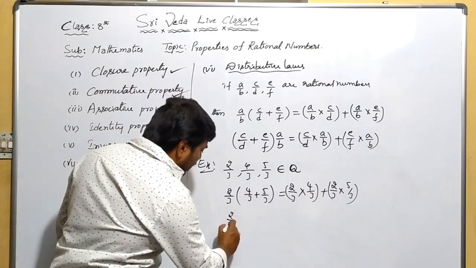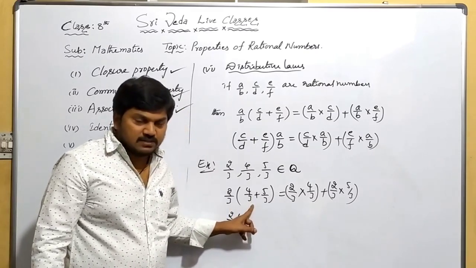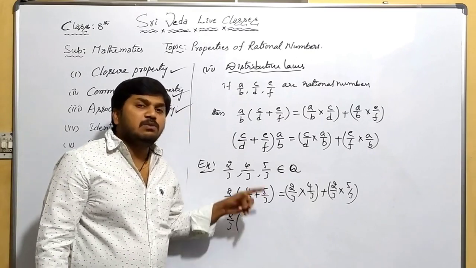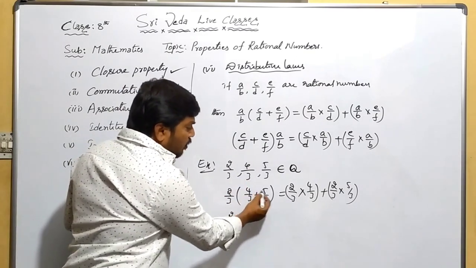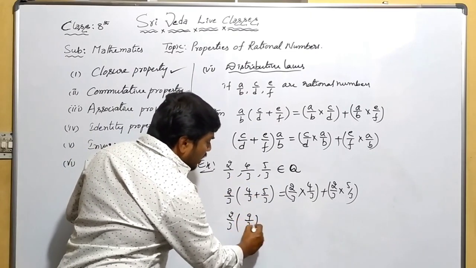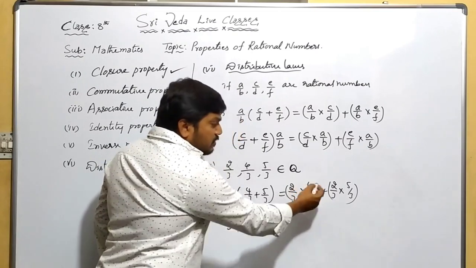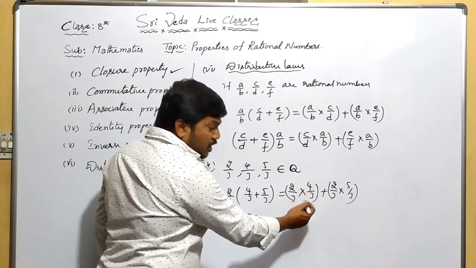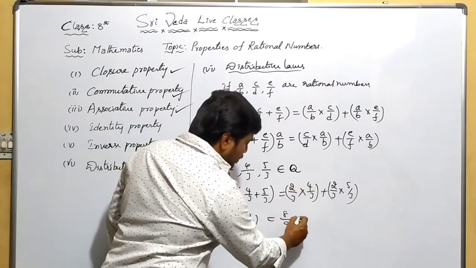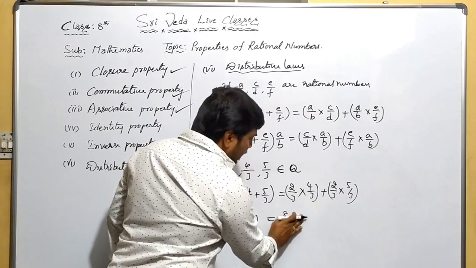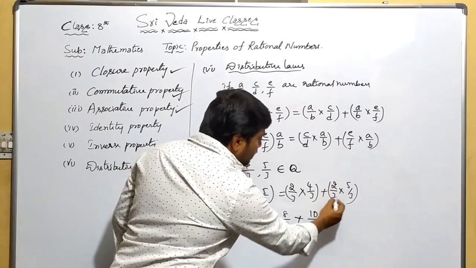2 by 3 into, as I told you, within the bracket we need to solve first. First of all, we simplify within the bracket. Here the denominators are the same, so 4 plus 5 is 9 by 3. On the RHS, within the brackets, the two products are multiplications: multiply numerator to numerator and denominator to denominator. 2 fours are 8, 3 threes are 9, plus 2 fives are 10 by 3 threes are 9.